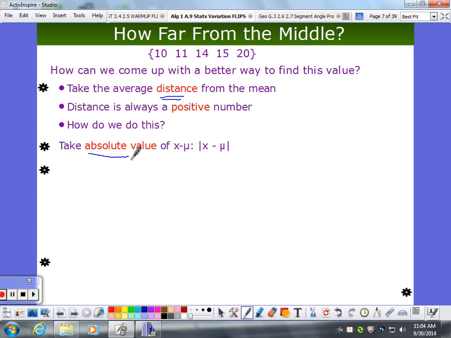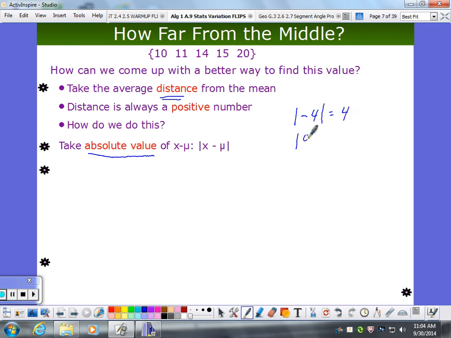Absolute value. You guys remember this function? How does absolute value work? It's how many hops from 0, basically, is what it asks. So the absolute value of -4 is what? 4.